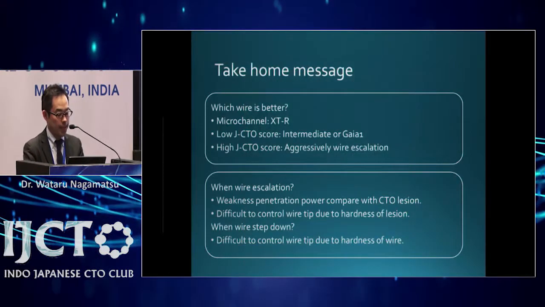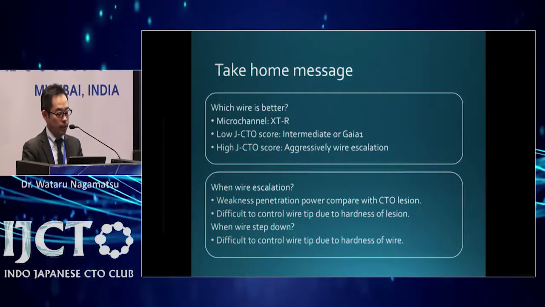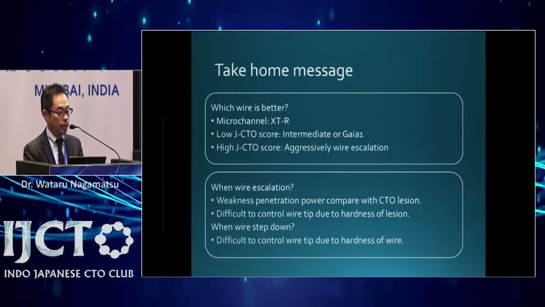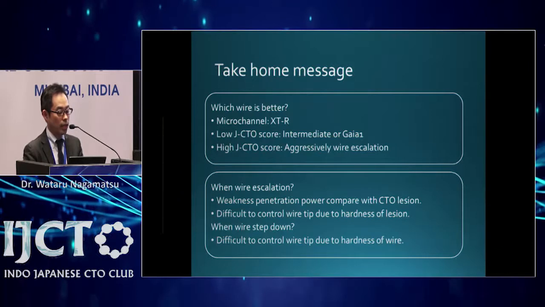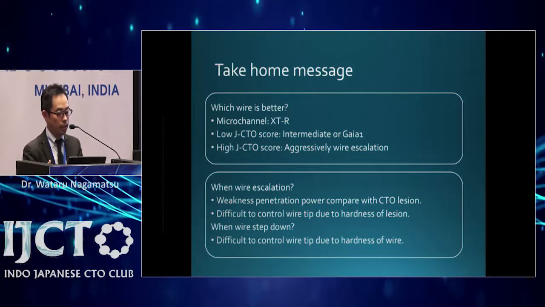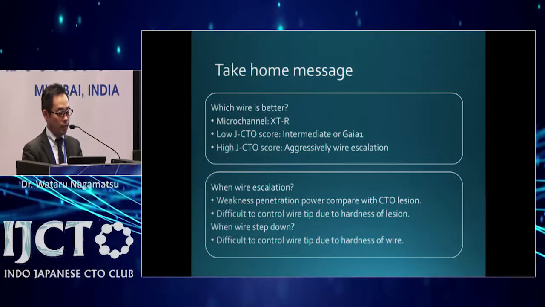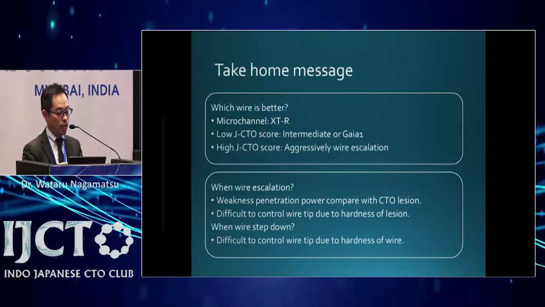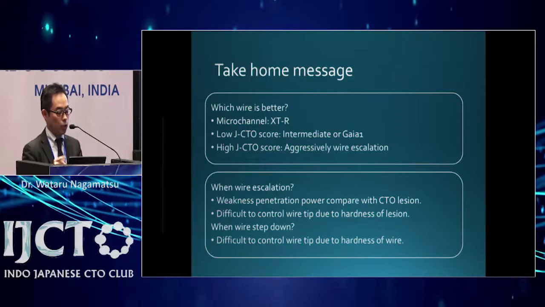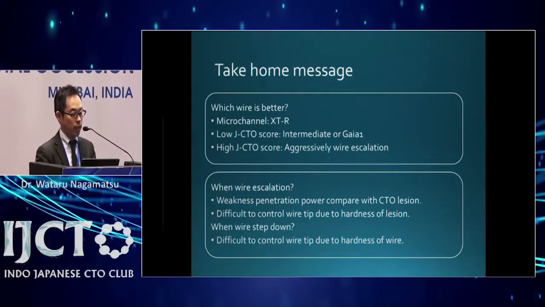Take home message: which wire is better? If you can see the microchannel, please use the XT-R wire. The concept is to pass through this very tiny route. If the J-CTO score is low, please use the intermediate or Gaia First wire.